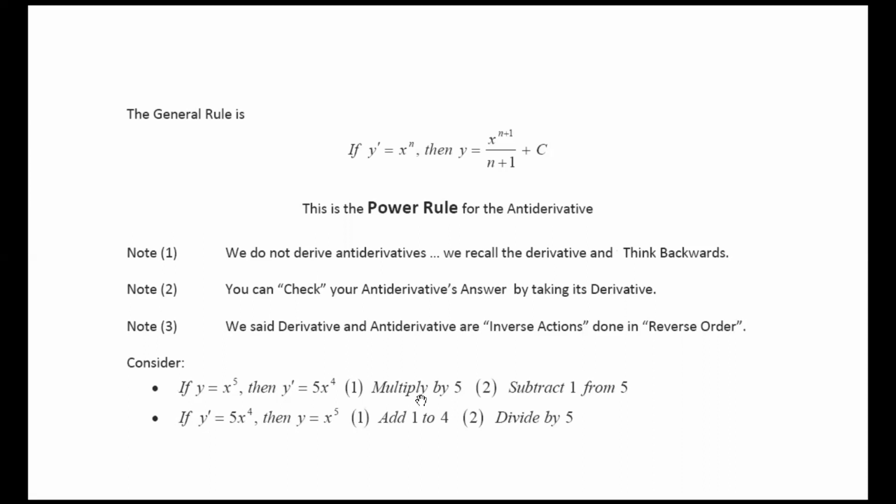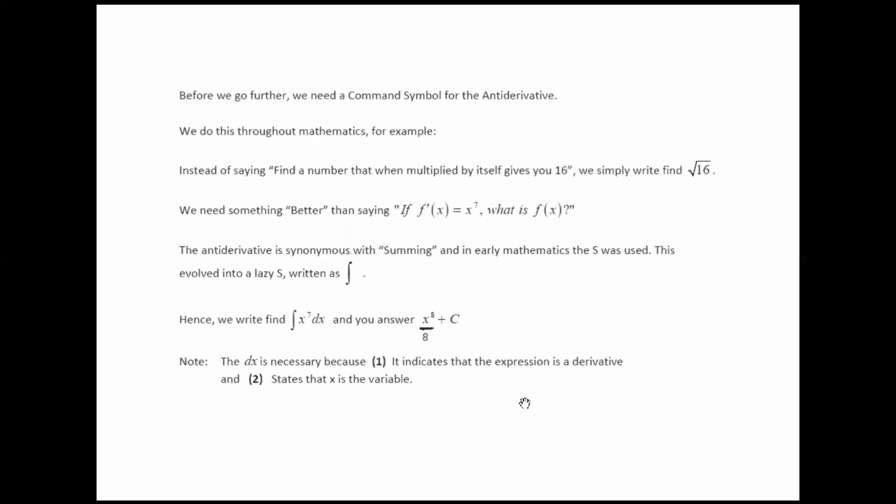And this really lends to doing a lot of gymnastic work in your head. Before we go further, we need a command for the antiderivative. We have a command real often in mathematics to replace sentences.